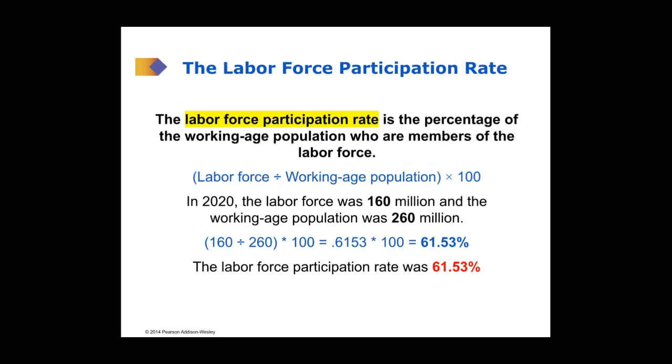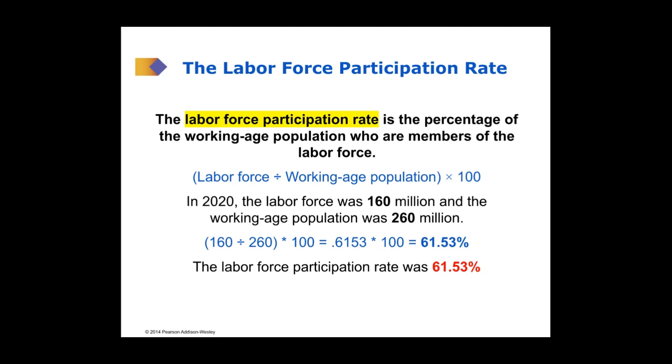Now we can look at another metric, the third metric, the labor force participation rate. Here we divide the labor force by the working age population. So in 2020, the labor force was 160 million people. That's employed and unemployed people. The working age population was 260 million, so that's a 61.53% labor force participation rate.